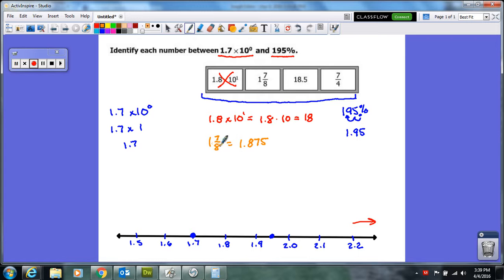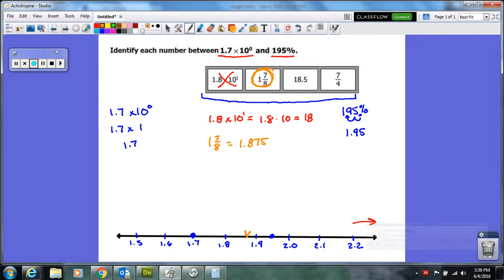So this 7/8 just turned into 0.875. Now when I graph 1.875 on my number line, it's somewhere bigger than 1.8, but not quite 1.9, in this neighborhood, which is clearly between these two blue dots. So 1 and 7/8 is one of my answers.